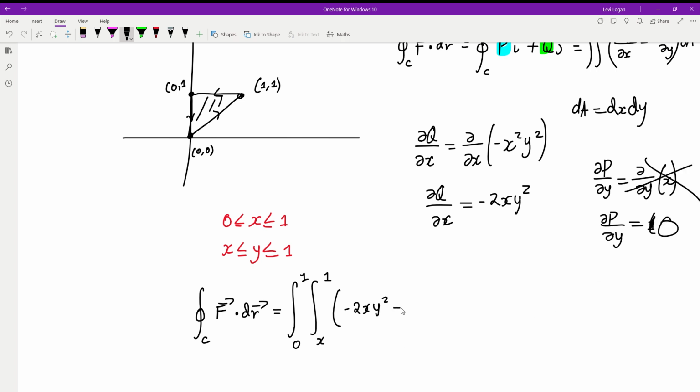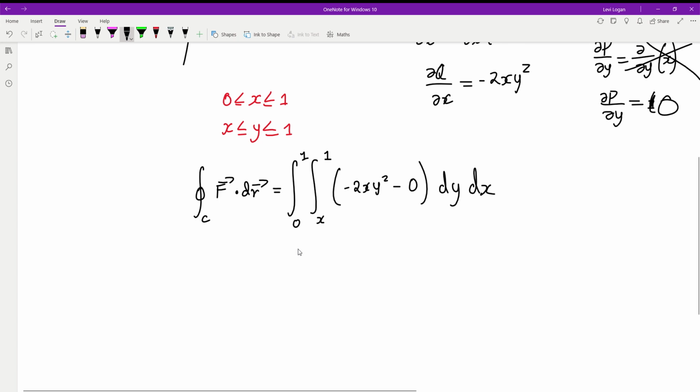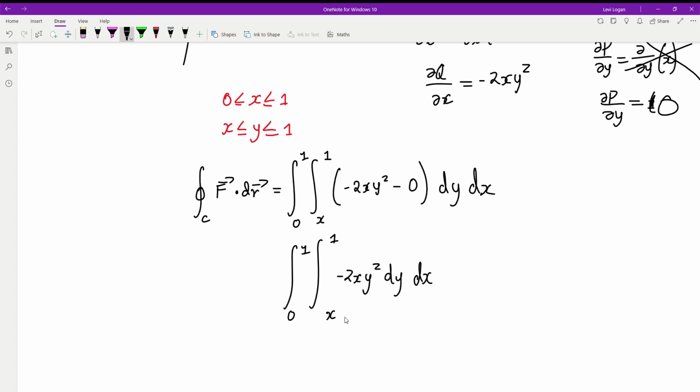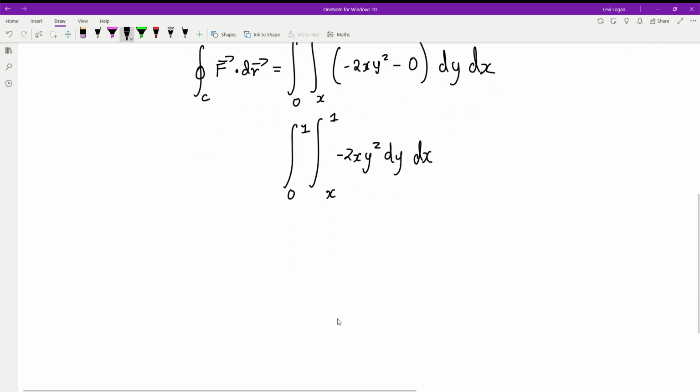No, I got that wrong. Minus 0, dy dx. So all we have is a double integral from 0 to 1, x to 1, of this expression. When evaluating a double integral, treat the other variable as a constant. So when we're integrating with respect to y, we're ignoring the negative 2x.